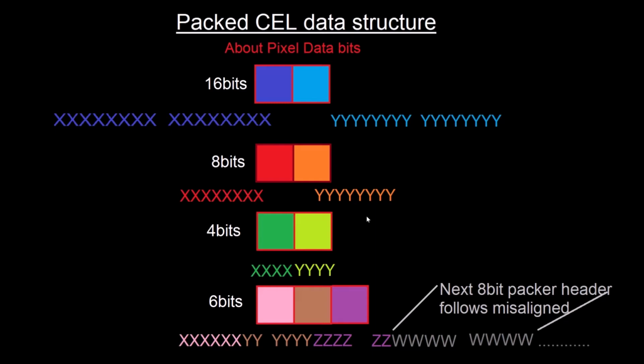And this is something that will not happen if you have 8 bits or 16 bits. The pixel data will always fill full bytes, so the packet headers will always be byte aligned.